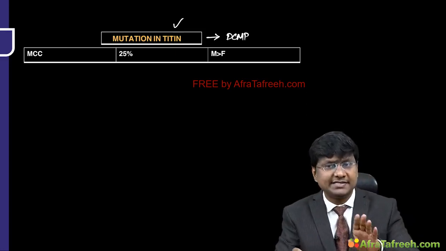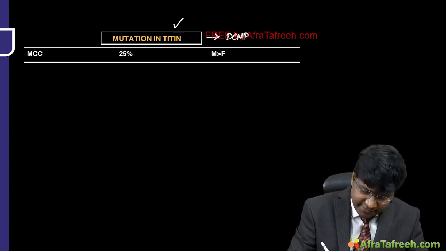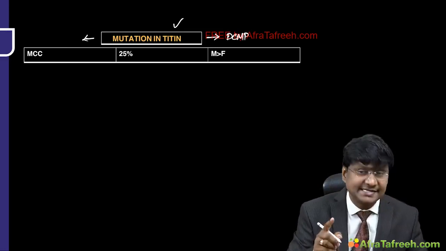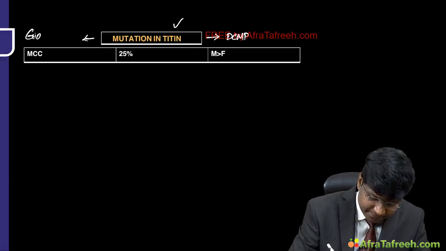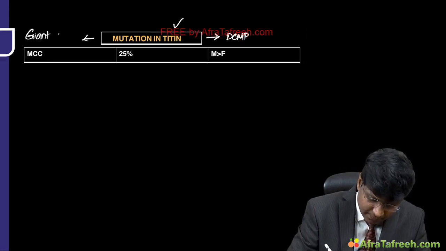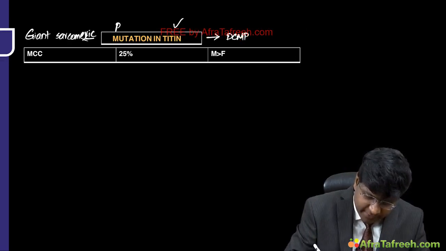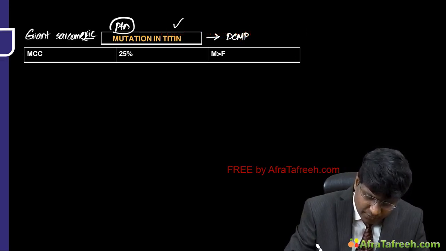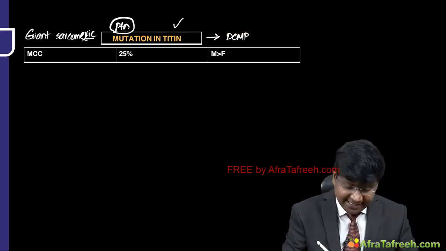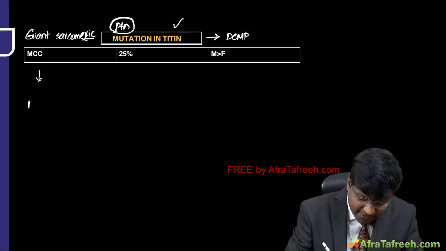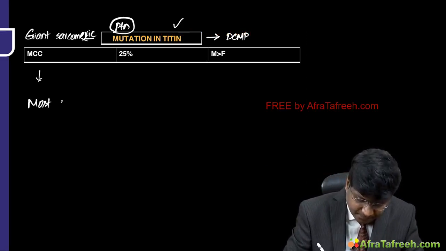Now what exactly is this titin? Let me tell you, titin is a giant sarcomeric protein. Right, it is a giant sarcomeric protein. This giant sarcomeric protein, titin, is the most common cause, right?